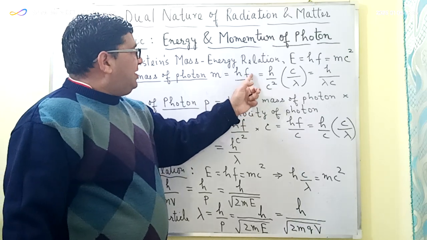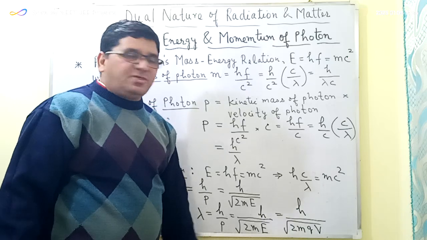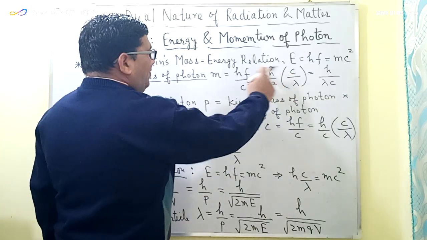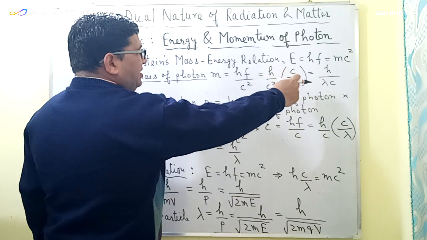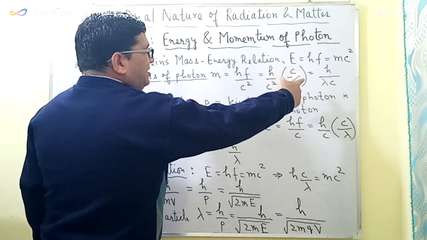Now if I substitute the value of f equal to c upon lambda, here c is the velocity of light in vacuum and lambda is the wavelength of the incident radiation, then I will be getting another equation, which is equal to h upon c lambda.